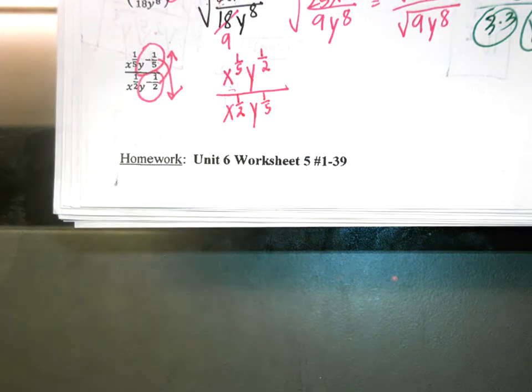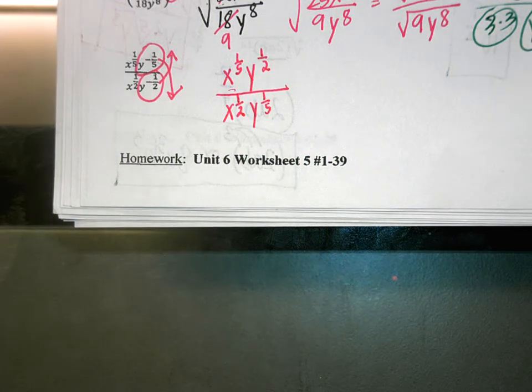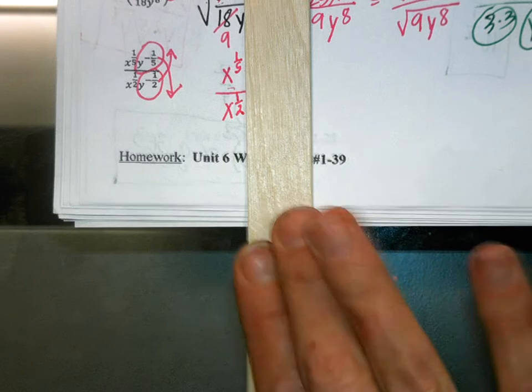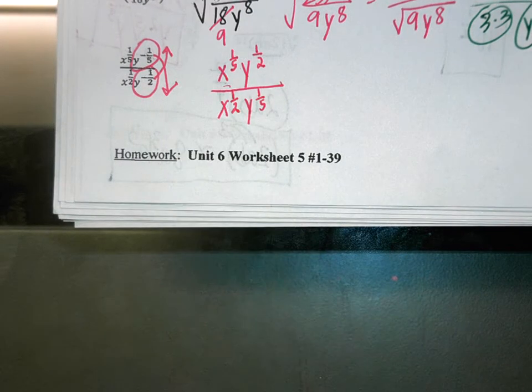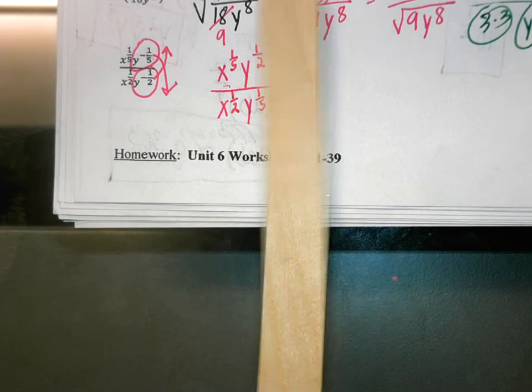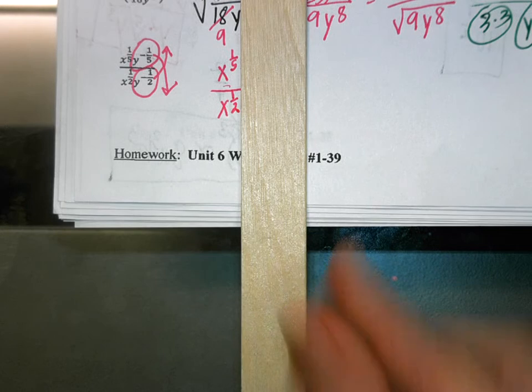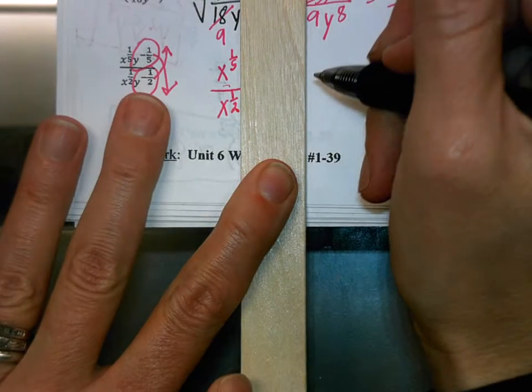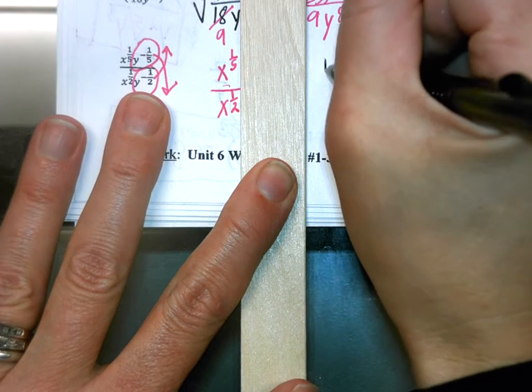Okay. So you can think of these as separate problems, and you can just deal with the x's first and then deal with the y's. Since these have like bases right here, what will I do? Subtract them because it's dividing. So 1/5 minus 1/2.